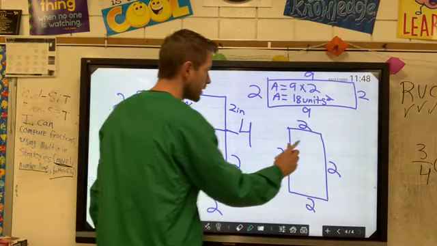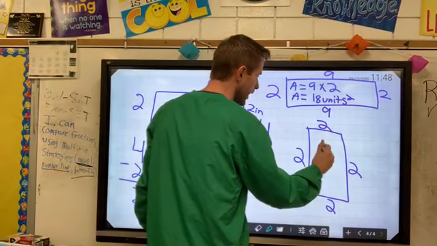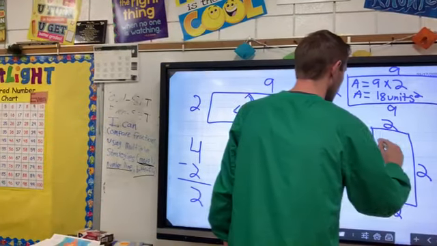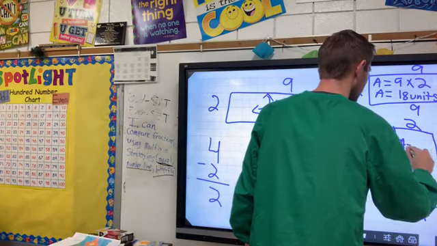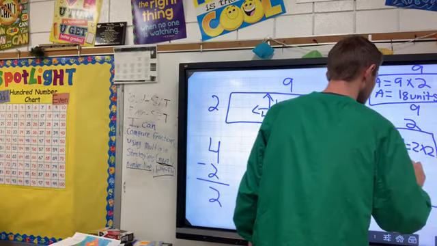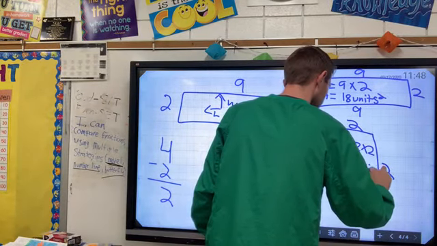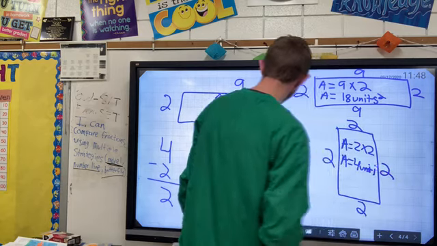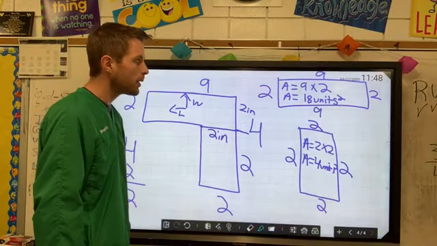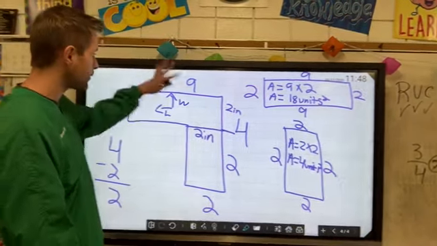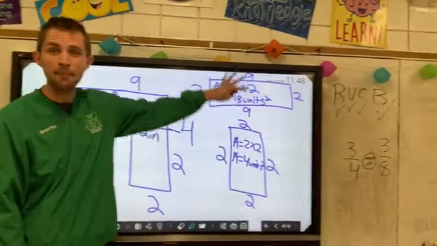All right. We have enough information to solve our area for our bottom rectangle. Area equals 2 times 2. Area equals 4 units squared. But we are not finished because we have to find the area for this entire thing, not just 2 separate areas.